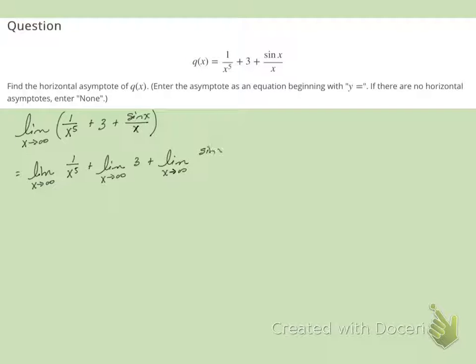So we know, based on previous problems, that this is going to go to 0. And since 3 is a constant, we know that this is going to go to 3.